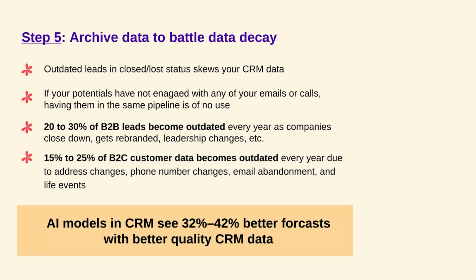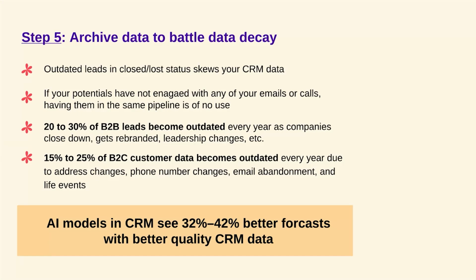So better to have it separately so that your prediction numbers are going to be more accurate. Like I said, AI models in CRM see 32 to 42% better forecasts when you have better quality CRM data. So this is why archiving is important.